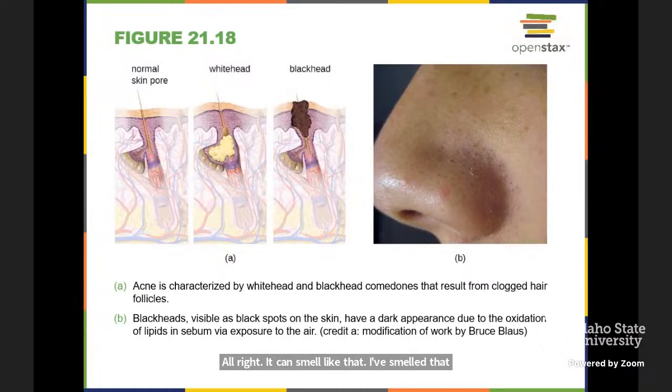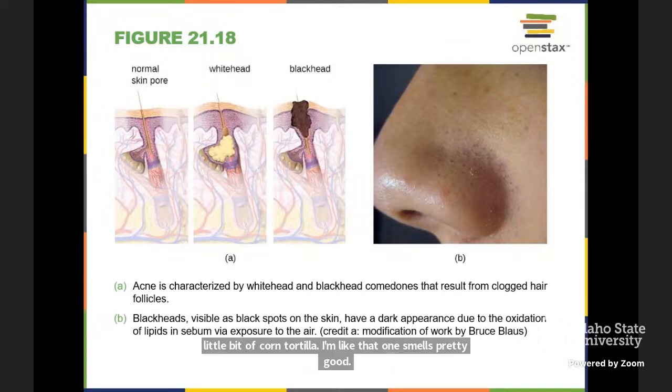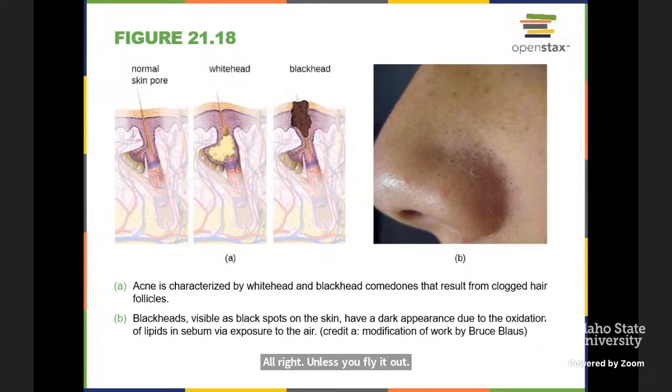Usually, when I smell Pseudomonas, I smell corn tortillas. That's what I smell. And to me, thinking of all of the other gross smelling bacteria, a little bit of corn tortilla, I'm like, that one smells pretty good. Unless you flat out hate corn tortillas. Then maybe not so good.